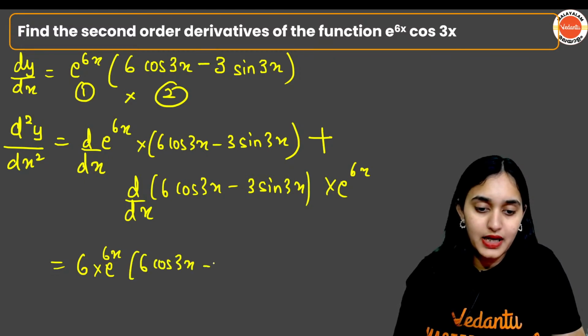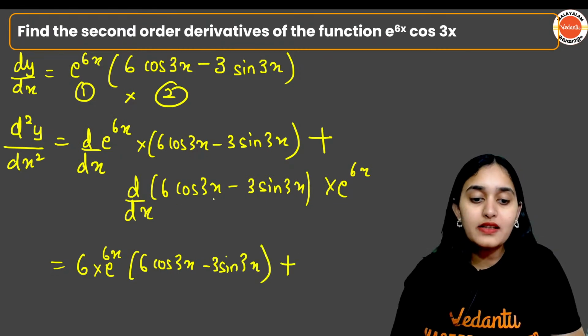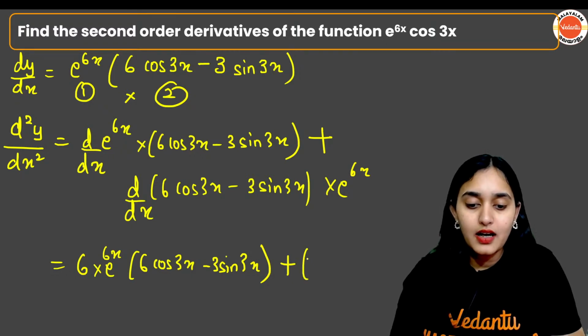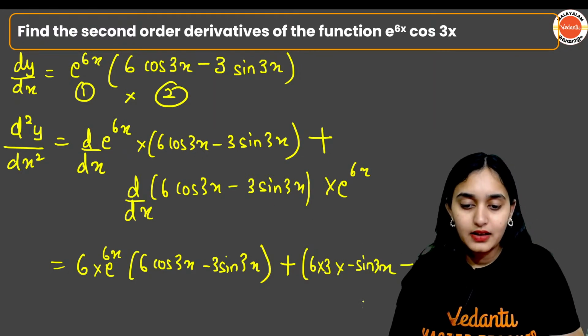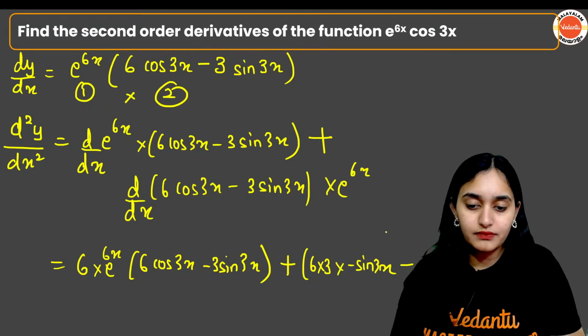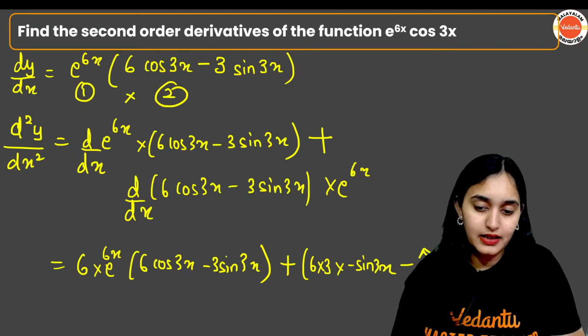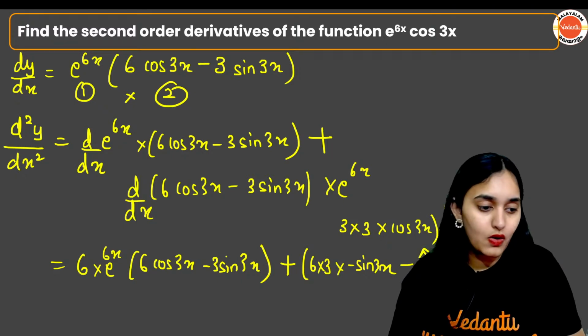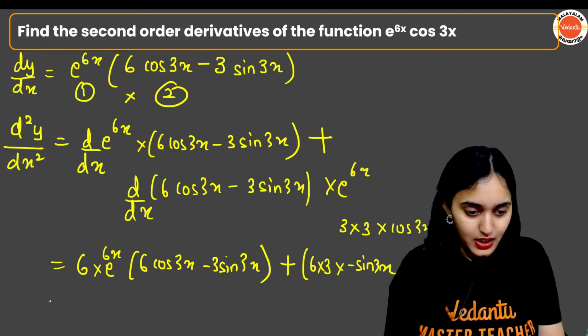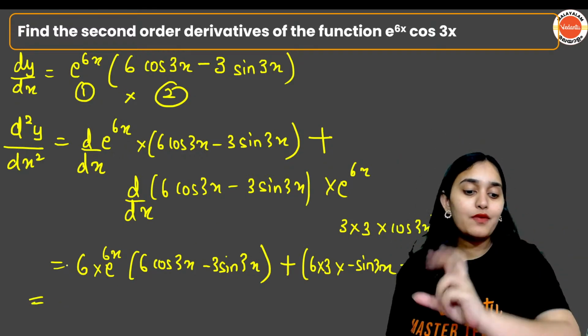Into 6 cos 3x minus 3 sin 3x, plus cos 3x differentiation is 6 into 3 into minus sin 3x, minus 3 into 3 into cos 3x, whole into e to the power 6x. So when I open the bracket, what do I get?